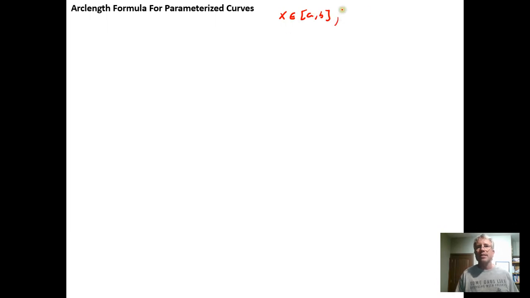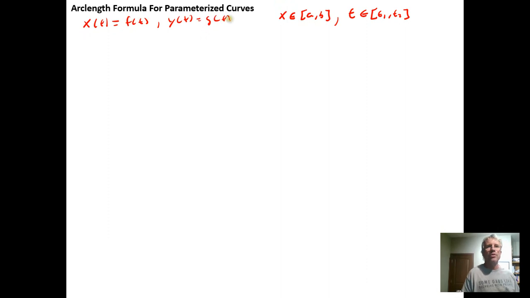But as x runs from a to b, t, if we have a parametrically defined curve, is going to be running over the interval from t sub 1 to t sub 2. So we take our parametrically defined curve, x of t equals some f of t, and y of t equals some g of t.